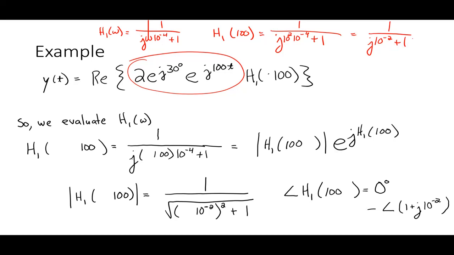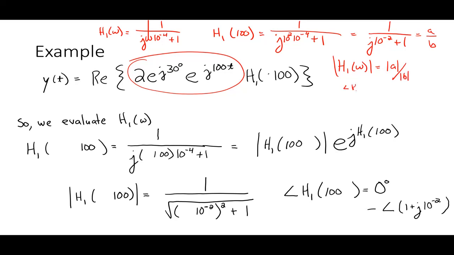If I look carefully at that, that's basically one complex number, a, divided by another complex number, b. So I can say that the magnitude of h1 is equal to the magnitude of a divided by the magnitude of b.